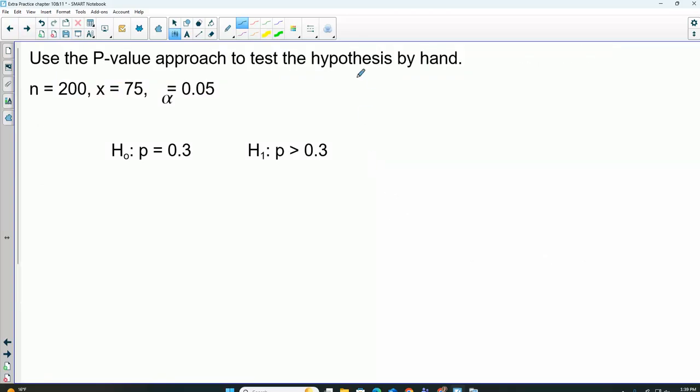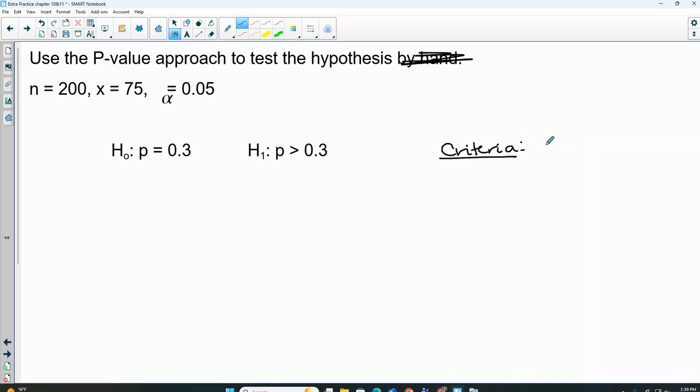All right, we are not going to do any by hand. We're just going to look at this. So if I asked you to test this hypothesis, we need to verify criteria on every problem.